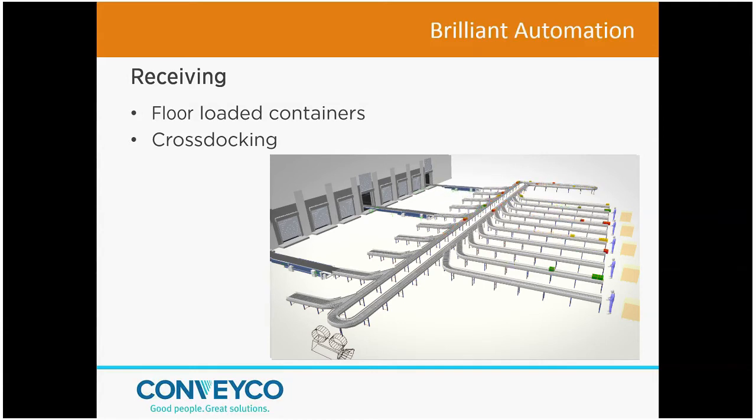Normally what will happen is you'll have multiple SKUs in a truck. You'll receive them onto the receiving system and sort them out by either SKU or family of SKU or by location area to be put away in the warehouse.